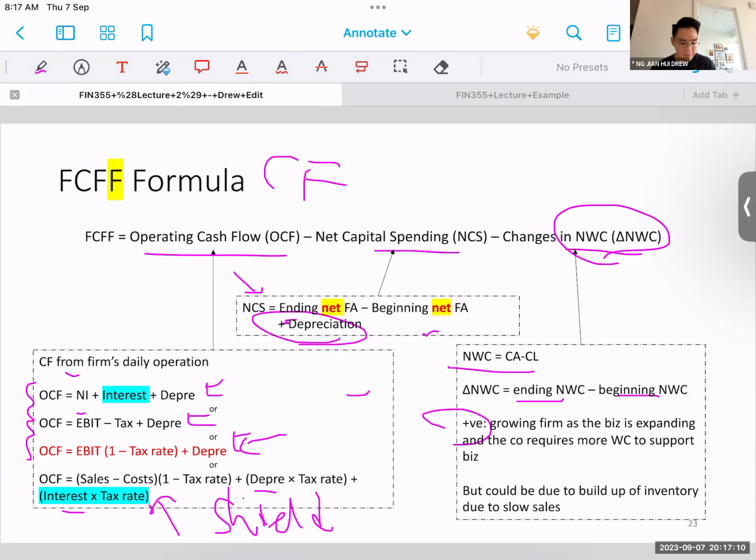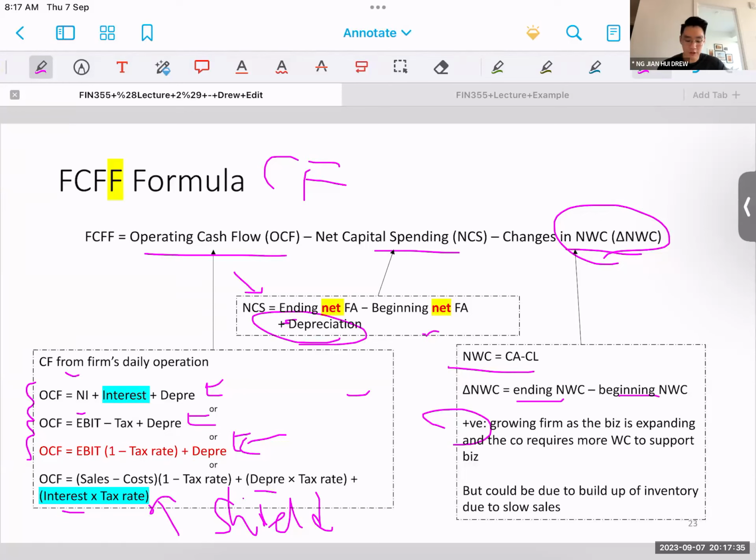Any questions regarding this formula? So, three components. In this lecture, you will see one example, but we are not going into the details. In lecture 4, where we will go into all the nitty-gritty and the various scenarios of FCFF, you will really need to use this formula and select each component from the financial statement.